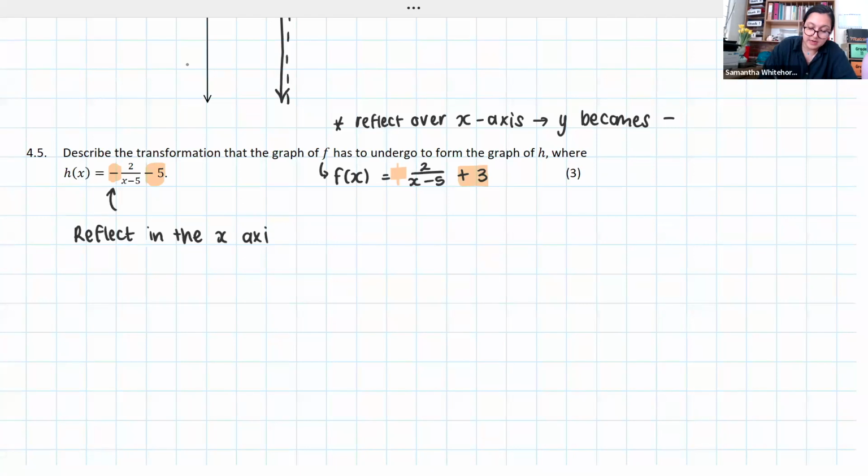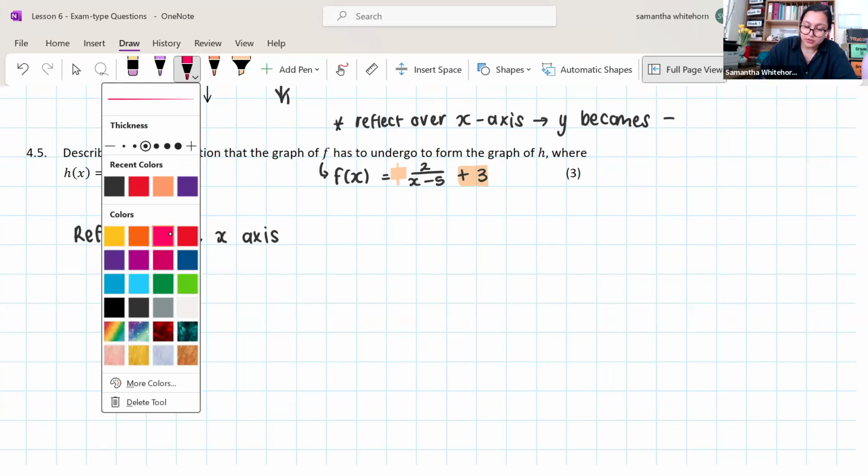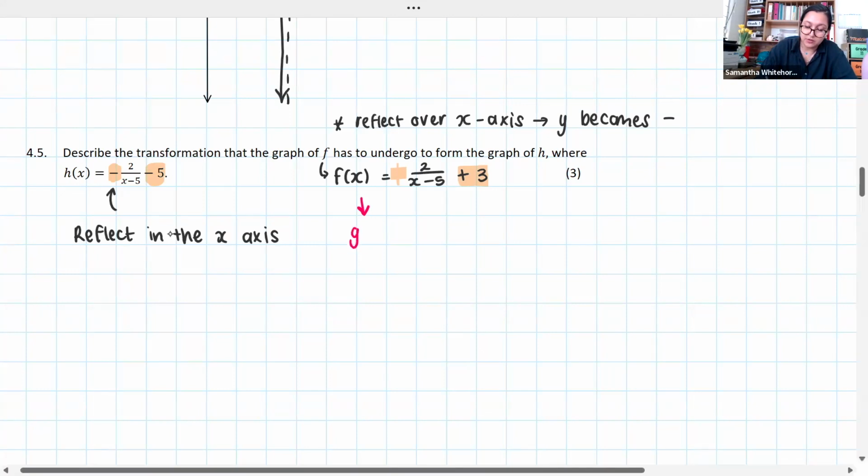Okay. Now, if you have reflected in the x-axis, what this will do to your original function is you will now have whatever the graph is, let's call it g of x for now, because it's obviously no longer f of x, but it's not yet h of x.